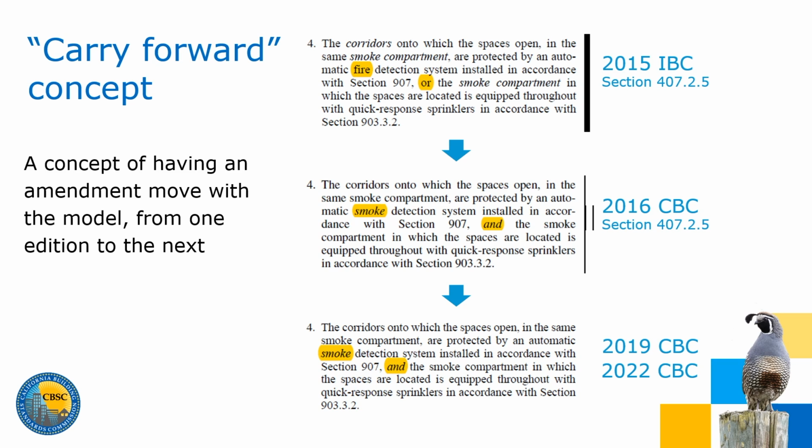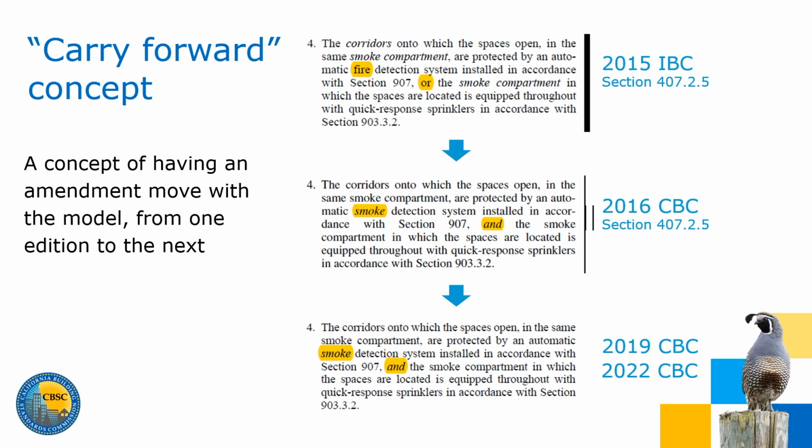Let's use California Building Code section 407.2.5, item 4 as an example. Two words in the 2015 International Building Code are marked with highlight, and they were replaced by the same California amendments in 2016, 2019, and 2022 CBC.